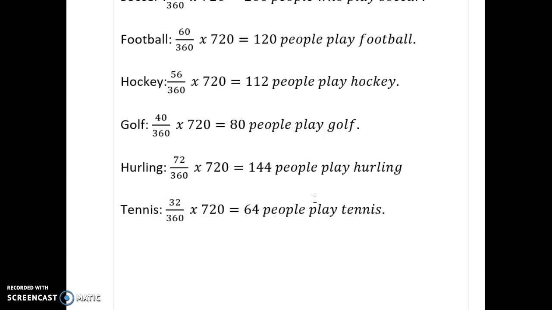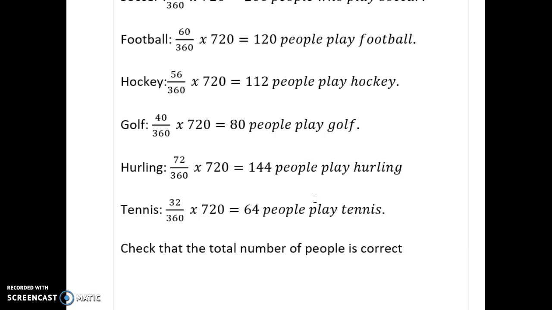Now, the only thing we need to do now is check that the total number of people is correct. How do we do that?